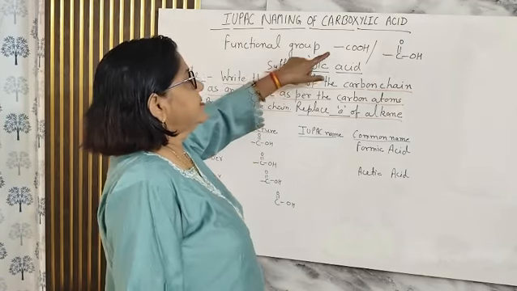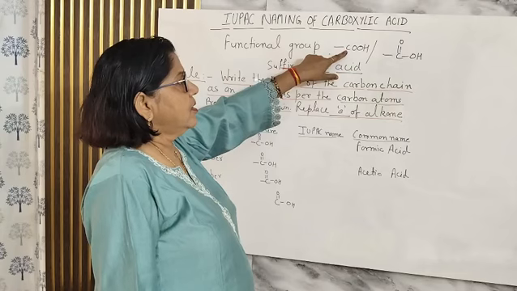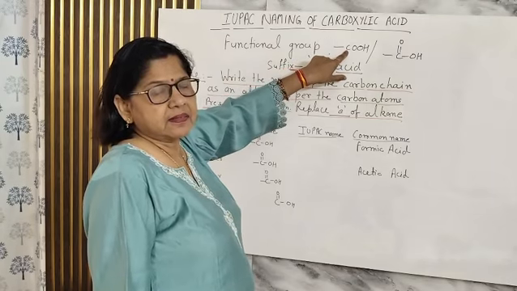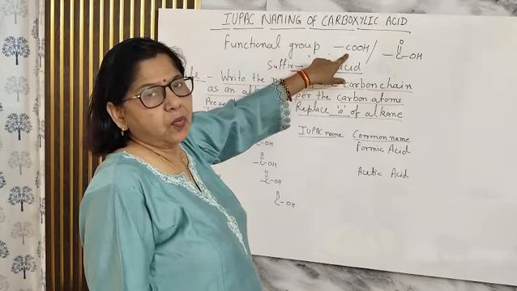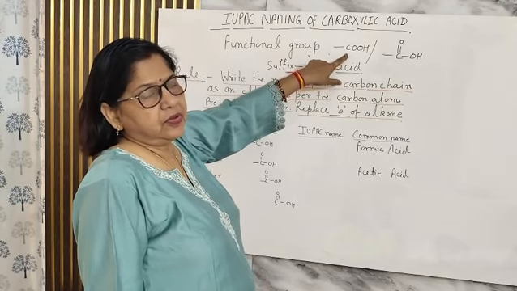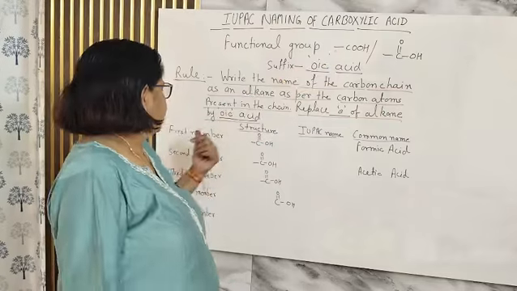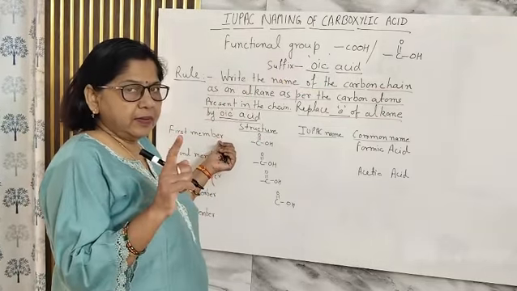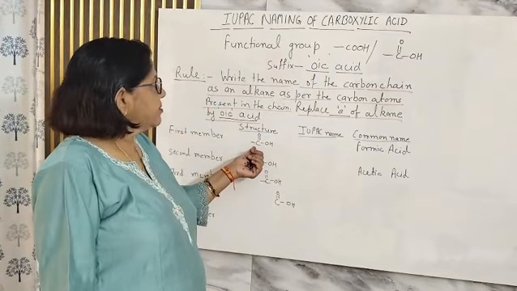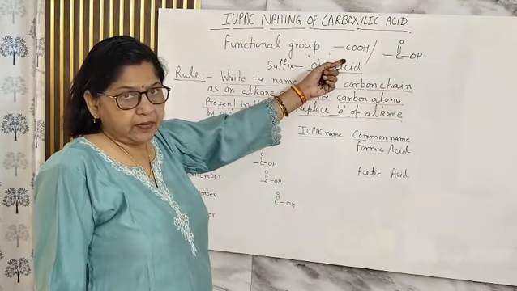Now children, its structure has one carbon atom, and this is countable, countable means it will increase the length by 1. So when we talk about the first member, there should be only one carbon, and that one carbon is present in the functional group.